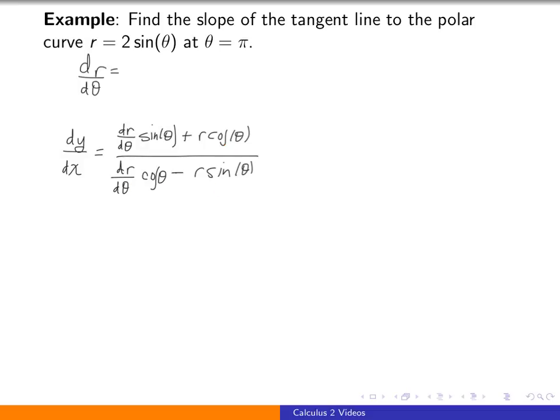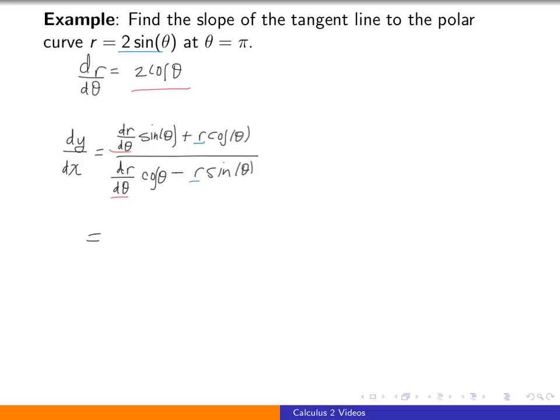We can substitute in directly that each of the two r's will become 2 sine theta. And for the two dr d thetas, we need to calculate dr d theta to plug in. In this case, very easily, dr d theta is 2 cosine theta.